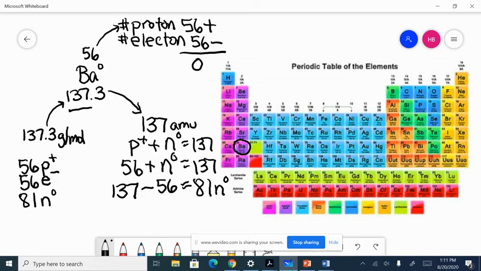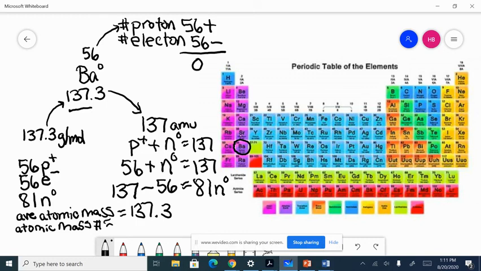Its average atomic mass is that number right off the periodic table of the elements. It's 137.3. The mass number, so the atomic mass number is what it's called, is the number of protons plus the number of neutrons.